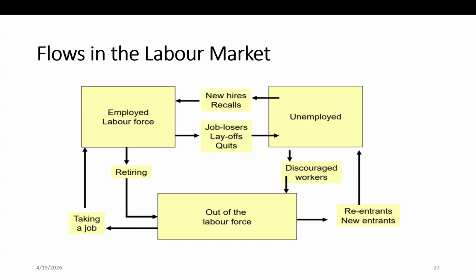And after being out of the labor force for some time, that particular person might think that he can work again, then he will be looking for jobs, and then he will be applying for new jobs. So then he will be a re-entrant to the unemployment category.